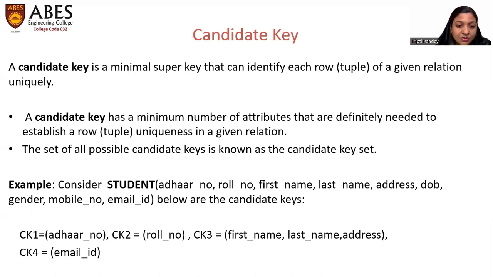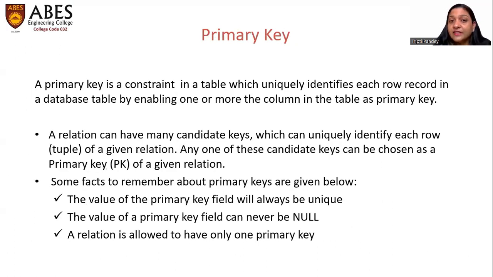The next candidate key can be roll number. The next candidate key can be a combination of several attributes like first name, last name, and address. Candidate key 4 can be email ID. So these are the definition and example of candidate key. And one thing you can notice is that a relation can have any number of candidate keys.